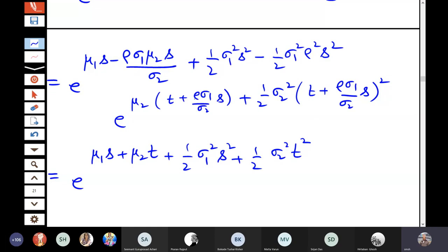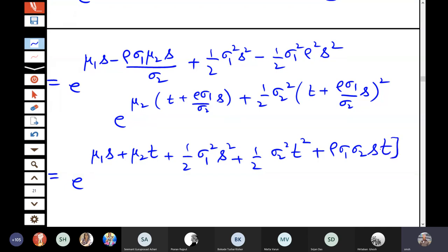This mu2 into rho sigma 1 by sigma 2 s gets cancelled out with this term here. Similarly, if I consider this term here, rho square sigma 1 square s square by half, this cancels out with this term here. And then we are left with one cross product term here. That cross product will give me rho sigma 1 sigma 2 s t.